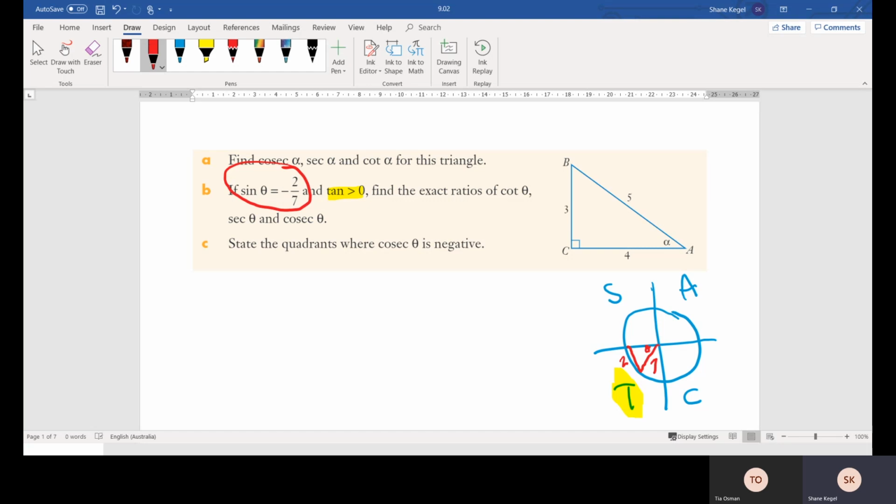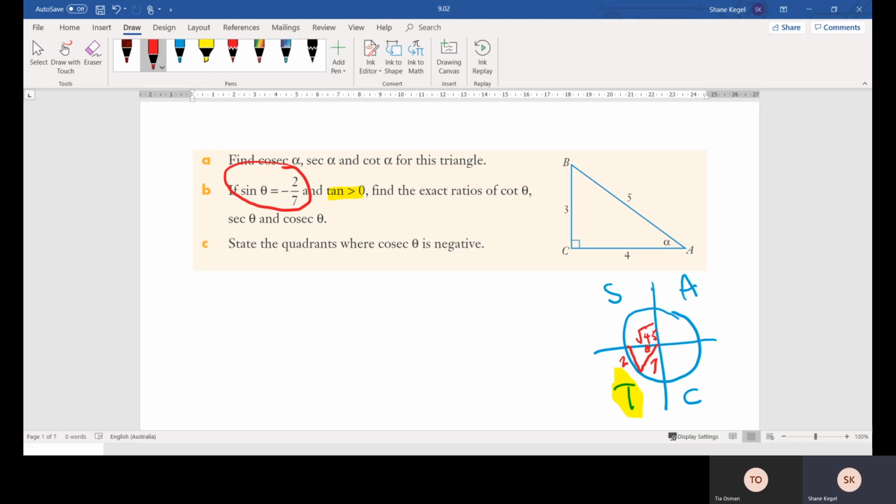Again, I'm just going to use Pythag to work out my missing side value. So 7 squared take 2 squared gives me 45. Root 45 is not a nice number, so I'm just going to leave it as root 45 for now.